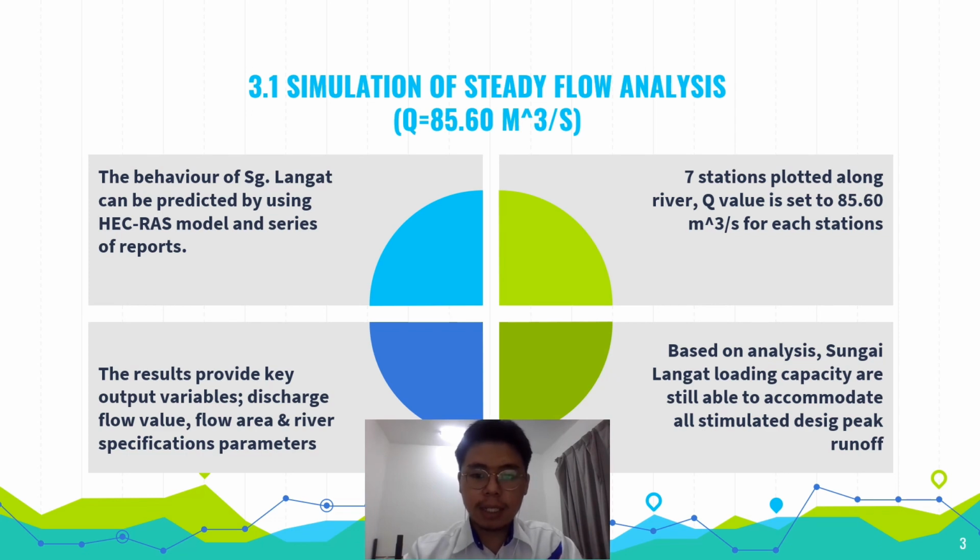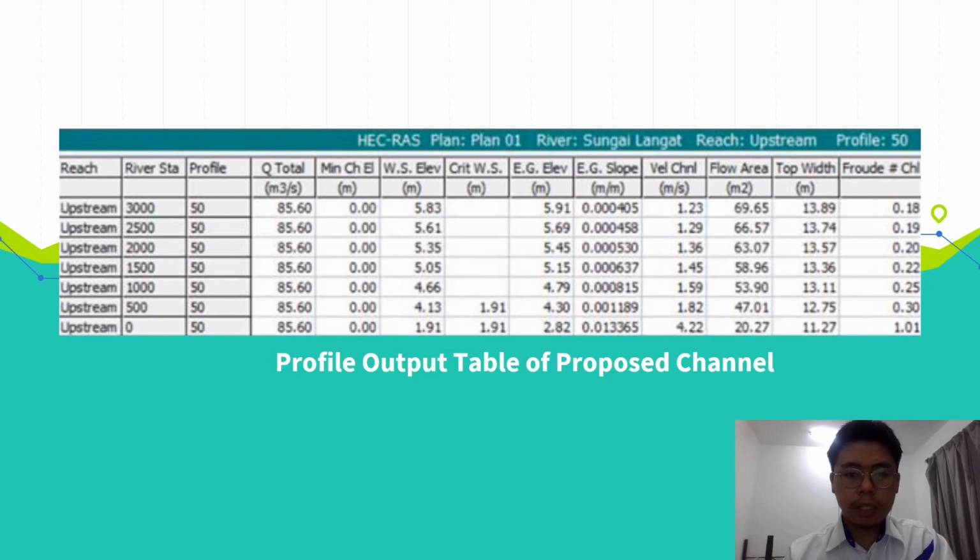Based on the analysis, Sungai Langat's loading capacity is still able to accommodate all simulated design values, as predicted in this profile output table of the proposed channel, which provides the Q, minimum channel elevation, critical values, and everything else.